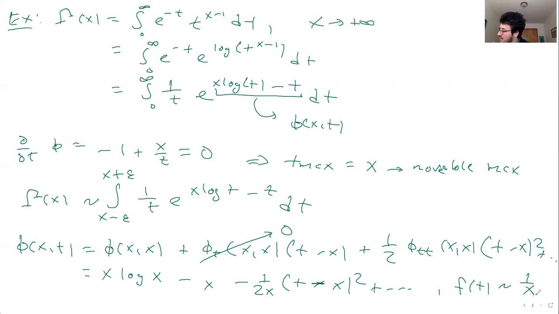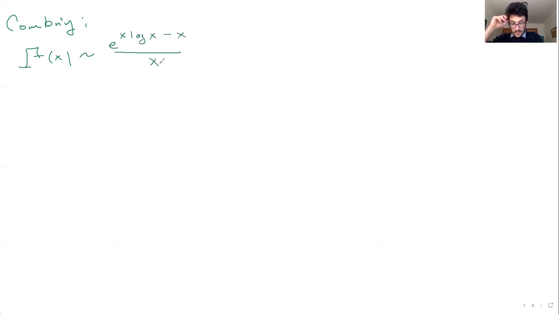Now, if we combine these approximations, we end up with, to leading order, e to the x log x minus x, divided by x, times the integral from x minus epsilon to x plus epsilon of e to the minus 1 over 2x times t minus x quantity squared dt.